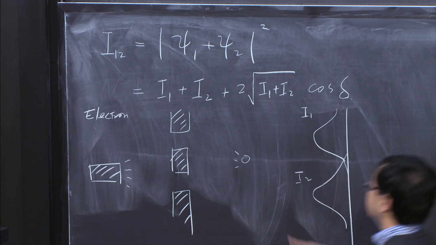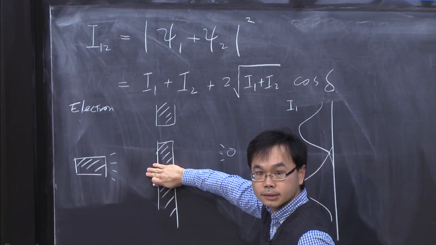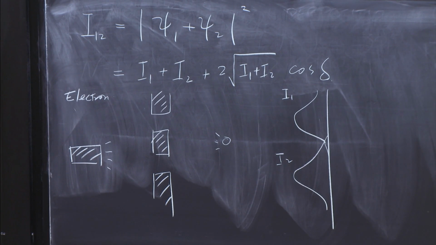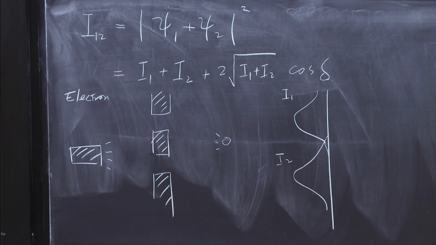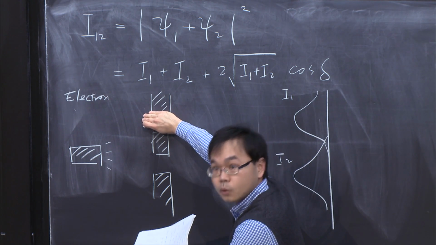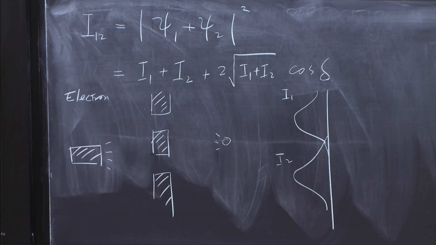So if I first close the lower slit number 2, and only measure the intensity coming from slit number 1, then this is the distribution I get, which is I1. If I close the upper one and open only the lower one, I get the distribution which is I2.